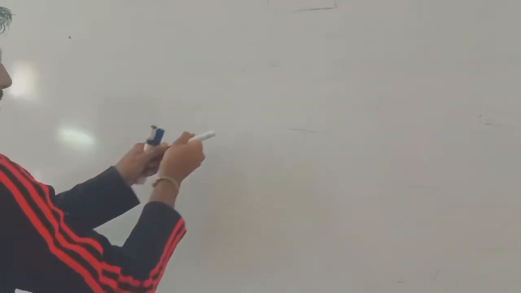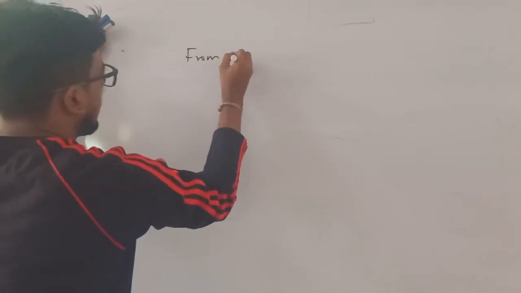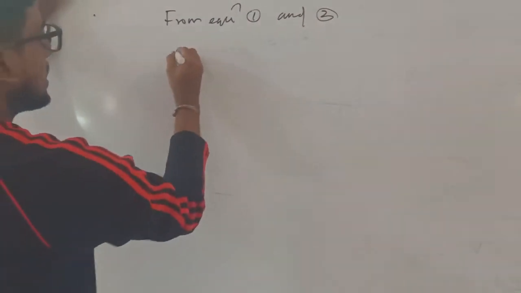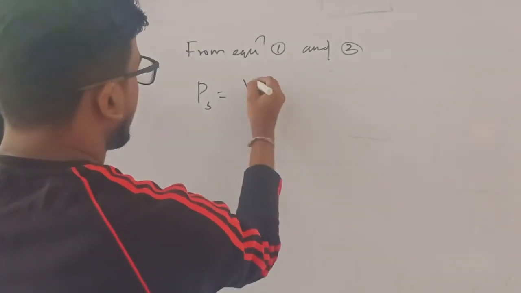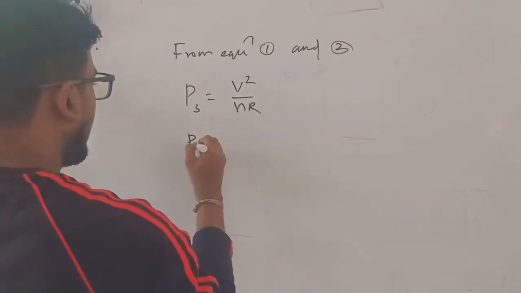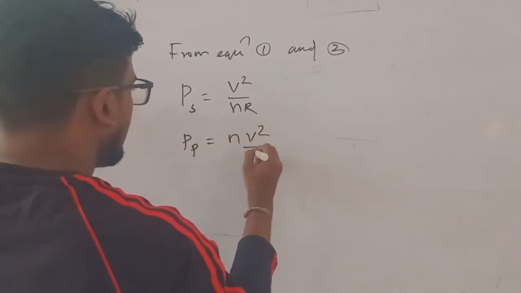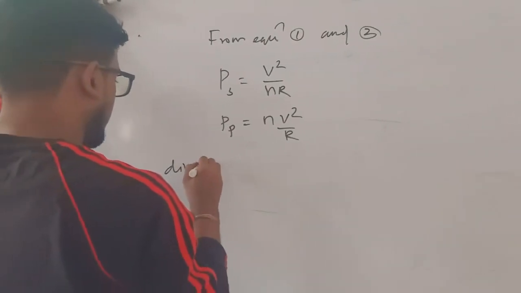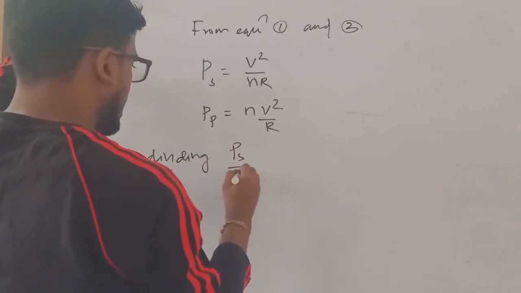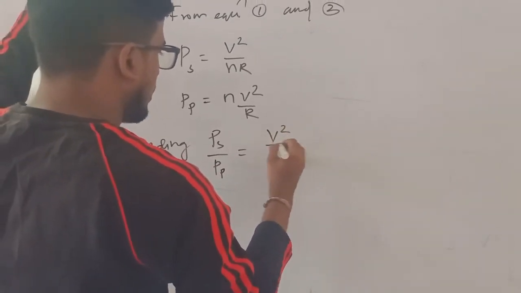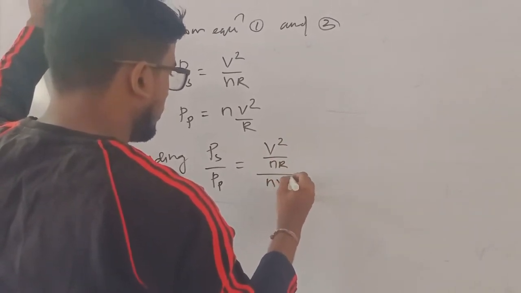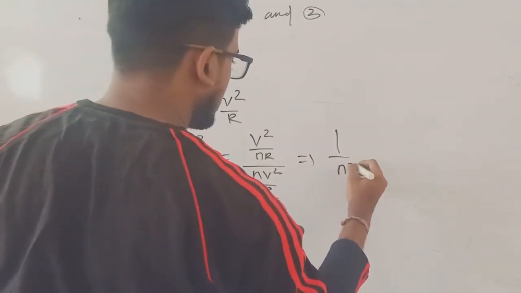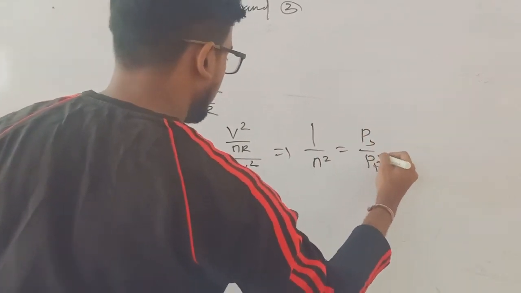From equation 1 and 2, P series equal to V square by NR, and P parallel equal to N into V square by R. Now dividing P series by P parallel will be V square by NR divided by N V square by R, which will be 1 by N square equal to P series by P parallel.